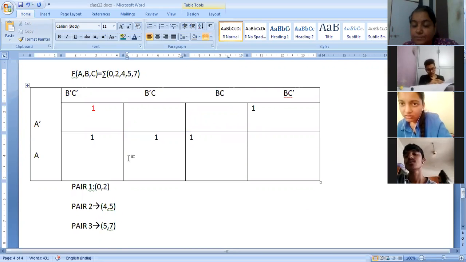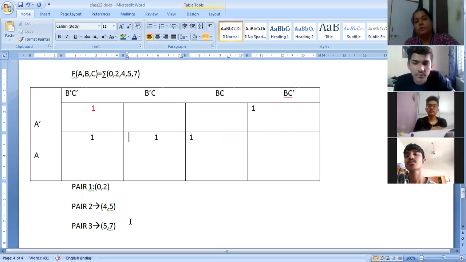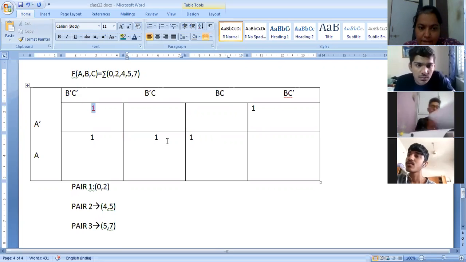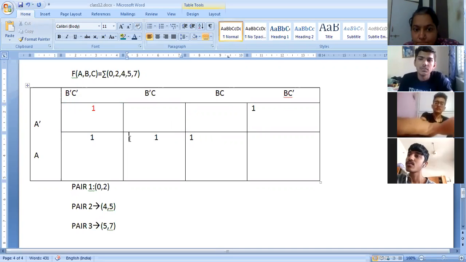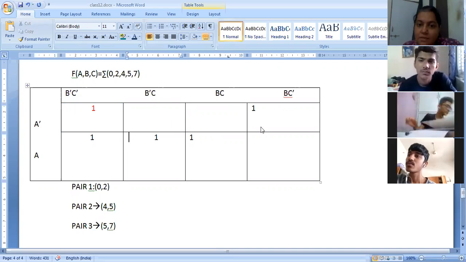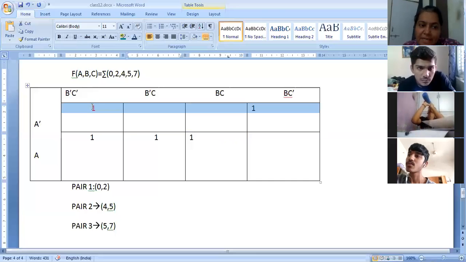Instead of 0, 4 we can't take it. What is the combination? I can hear you. You can take these two. And this one with this one. So here the repeated one is this one.